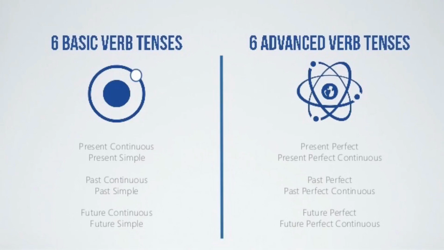Well, the second last we have the future perfect tense. Well, future perfect tense basically indicates an action in the future that will have been completed before another time or event in the future. Now let's discuss the last of the 6 advanced verb tenses, the future perfect continuous. Well, future perfect continuous indicates an action in the future that will have been continued until another time or event.